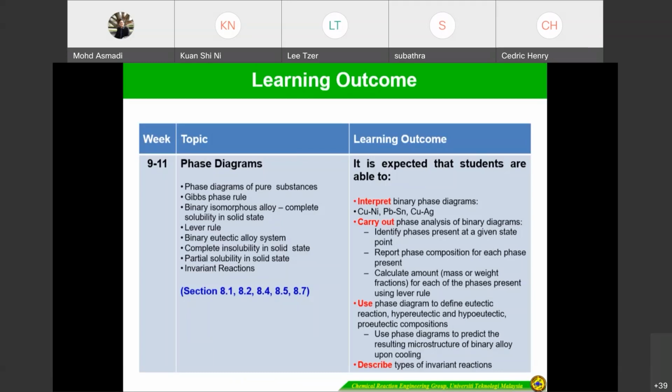Calculate the amount, mass, or weight fractions. This is important. Also use a phase diagram to define the eutectic reaction, hypoeutectic, and hypereutectic. And I hope that you know how to sketch or draw the microstructure development, because each phase is going to be different in microstructure development. That one you have to know later.